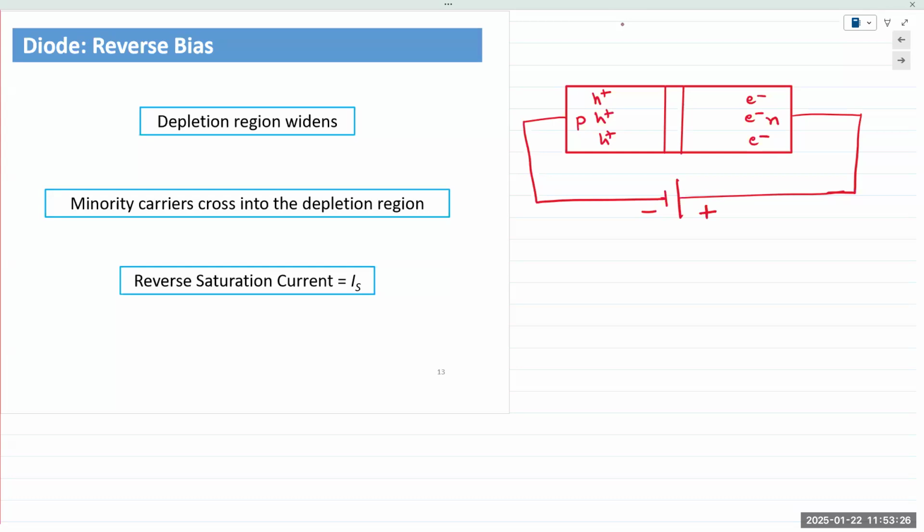So what happens? Electrons are negatively charged, holes are positively charged. What happens when you apply an external voltage with opposite polarity? Opposite charges attract. So they're pulled away from the junction. And because they're pulling away from the junction, the depletion region widens. Okay.